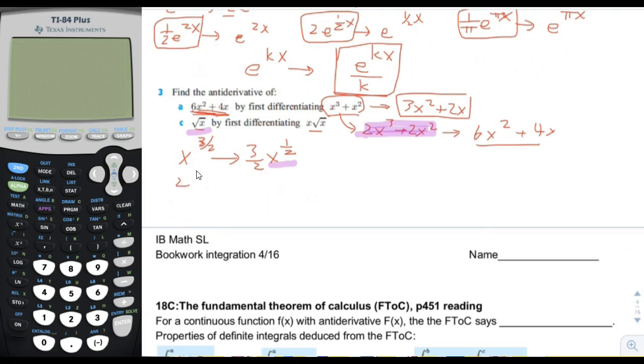What if I started with the reciprocal of that, the inverse of 3/2, 2/3 x to the 3/2, and then took the derivative? I'll have 3/2 times 2/3, which is just 1, and I'll be left exactly with x to the 1/2. So now I can see that the antiderivative of square root of x is 2/3 x to the 3/2. And that's the end for this page.